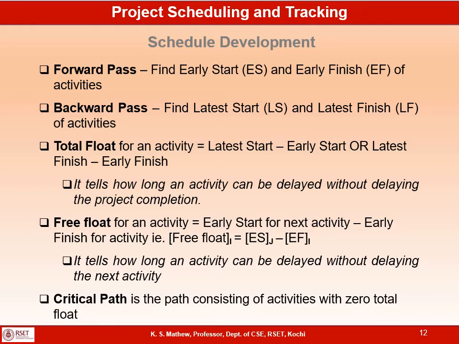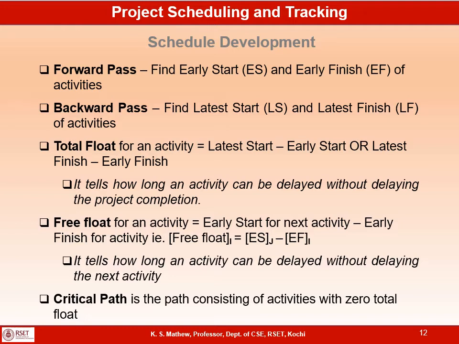Then you will do the second phase, which is called backward pass, where you will start from the finish node and traverse backwards till you reach the start node, and during this phase you will calculate 2 values for each activity, which are latest start and latest finish of each activity, LS and LF.